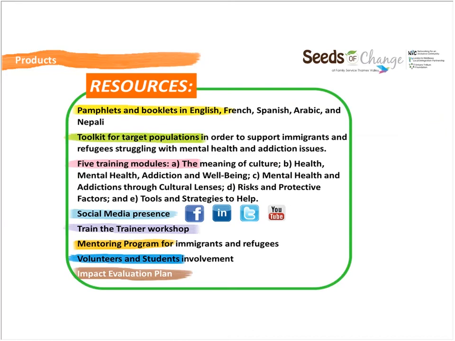The resources that we've developed are the pamphlets that I've shown you and the toolkit for faith leaders, teachers, and settlement workers to support immigrants and refugees. And part of that toolkit is 5 training modules that are adaptable.